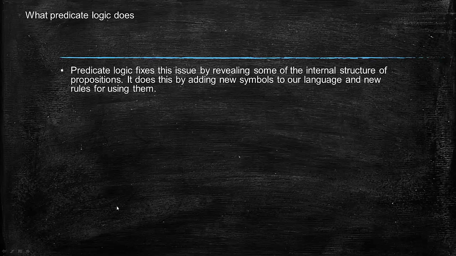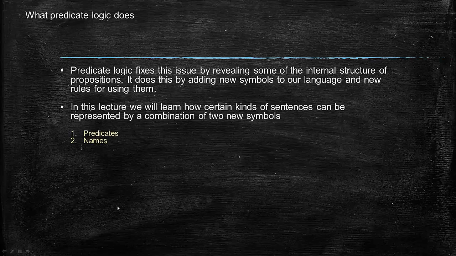So predicate logic fixes this issue by basically showing us the internal structure of propositions, specifically categorical propositions like all P are Q or some P are Q. Now, in this lecture, we're not going to show how to deal with those, because before we do that, we need to learn some of the more basic innovations, and that is predicates and names.